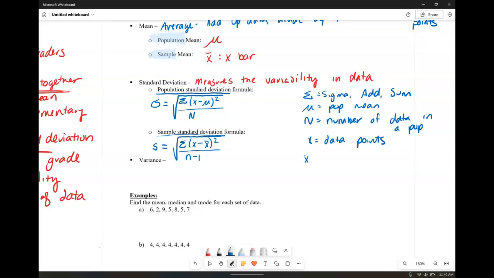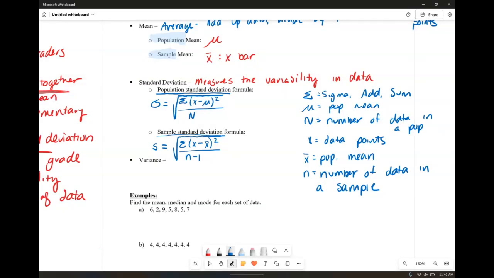Remember, X bar is a sample mean, and N is the number of data points in a sample. And notice we subtract 1 from it in our formula.